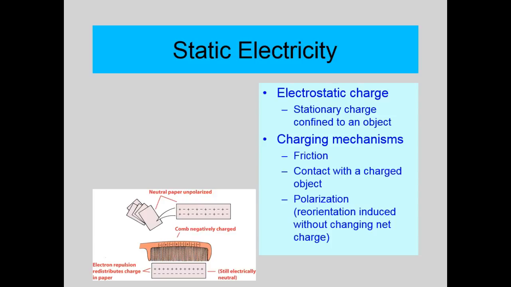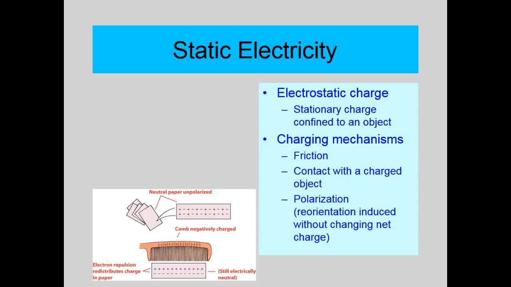This is neutral. It still has the same number of positive and negative charges, but they're just distributed differently. Reorientation induced without changing the net charge. And then if it's next to another piece, it's going to attract the positives up here and the negatives down here. And you have a string of them just like those colloids, those dust particles, those cobwebs. Okay?